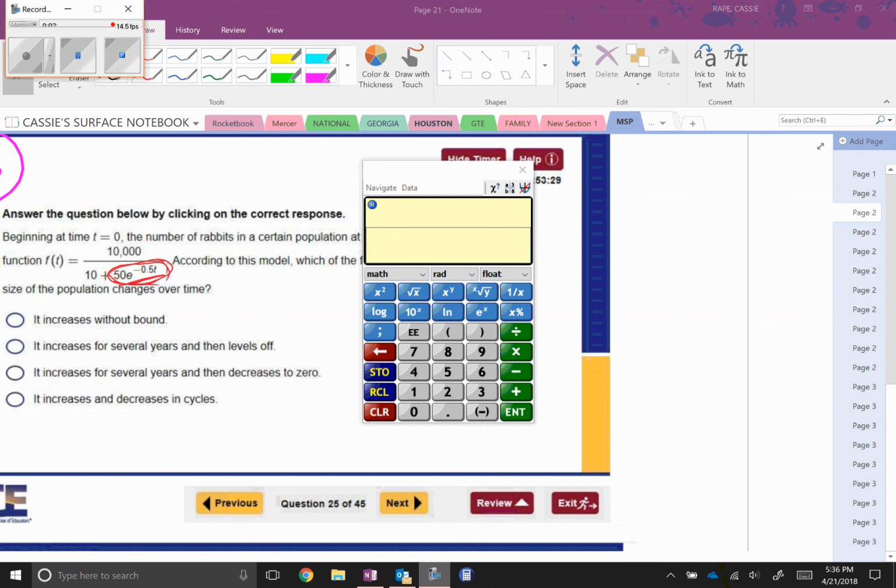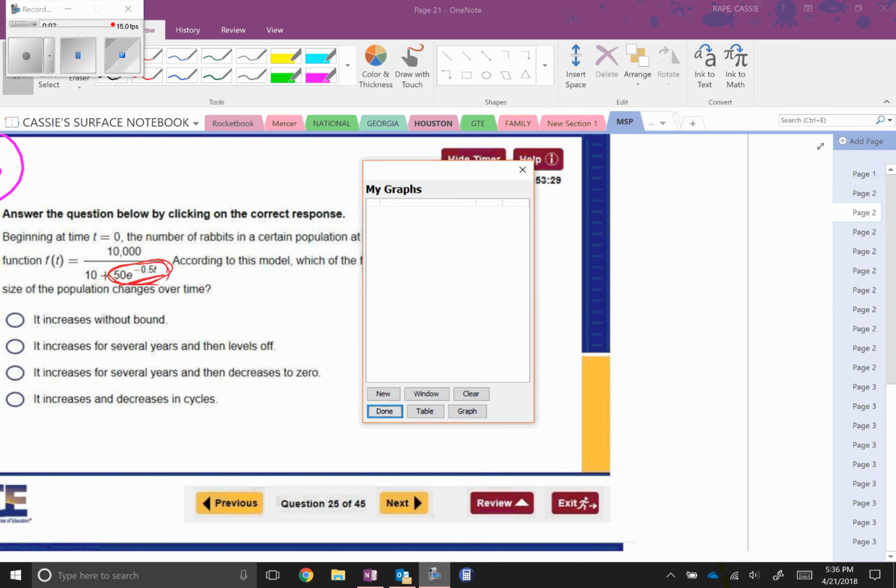Okay, I'm going to enter the numerator, which is 10,000. And what I'm going to do, even though it's just a single number, is enclose the numerator in parentheses, divided by the denominator, which is also enclosed in parentheses.